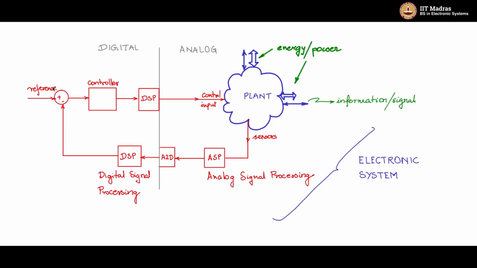All these electronic circuits which I have shown in red will work only if they are powered by an energy source, a power supply. So it is important that we have a power source, a power supply, which will supply power to all the electronics in this highlighted part.